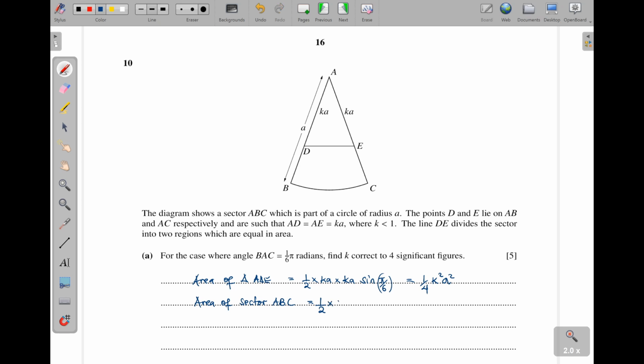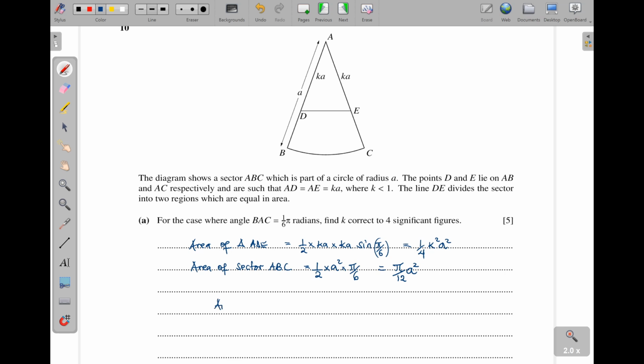So we shall have A squared, and then the theta is pi over 6, meaning we are going to have pi over 12, then A squared. He said that area of triangle ADE is equal to area of BCED, is equal to this one here.